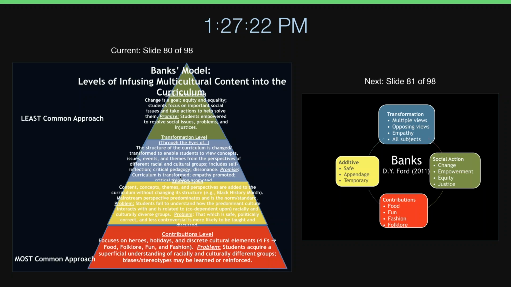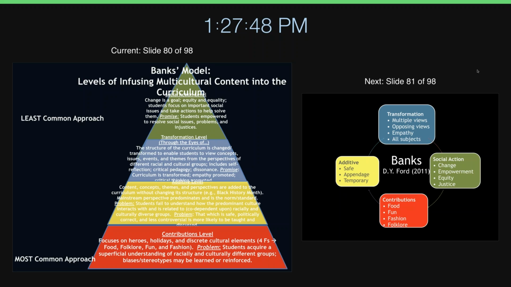So at the bottom, in terms of Banks's models of the 4 levels of how to infuse multicultural content in the curriculum, I've intentionally color-coded this red because I want to say that this is dangerous and we must not stop here. Very, very problematic level.